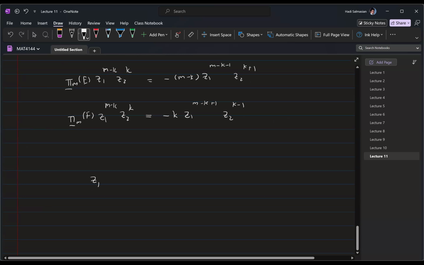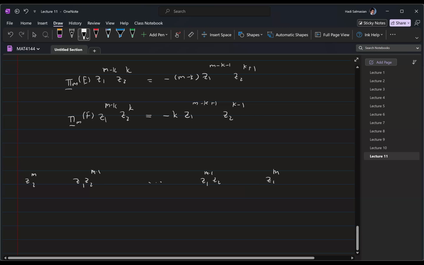I put Z1^m, then Z1^(m-1) Z2, up to Z1 Z2^(m-1), and finally Z2^m.